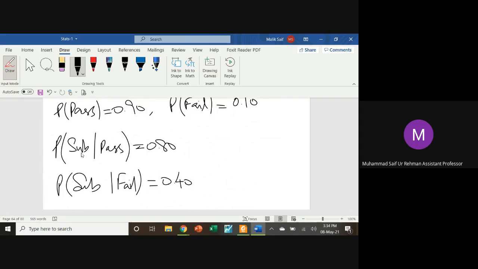If you see this, submitted and pass, submitted and fail. So let us see over here. What will be the probability of not submitted, pass? Let me write it down in red.